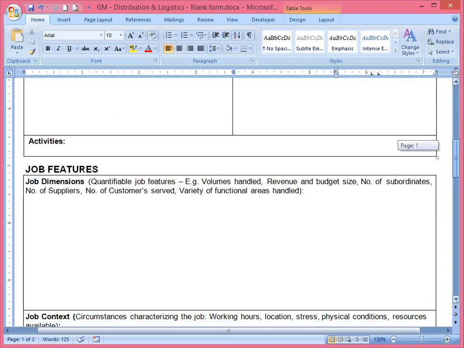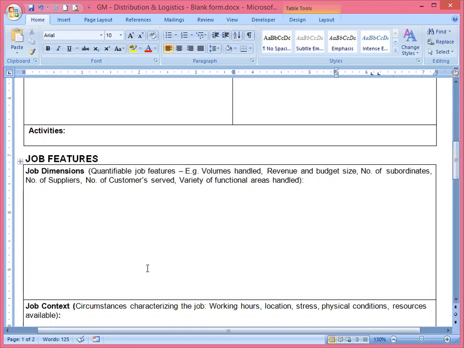Then next, we're going to write the job dimension of the job, in terms of quantifiable job features like volumes handled, revenue and budget size, number of subordinates, number of suppliers, number of customers served, variety of functional areas handled.